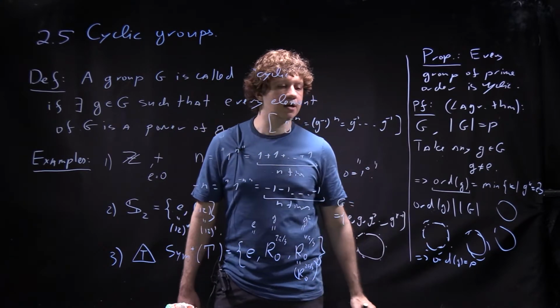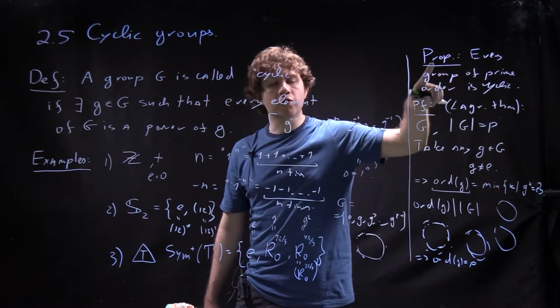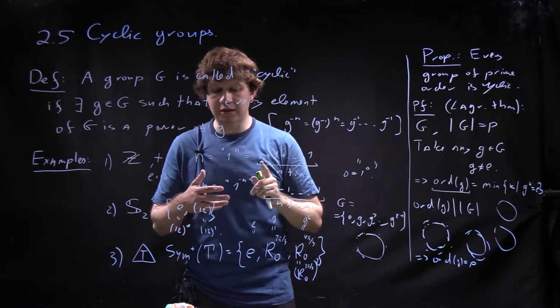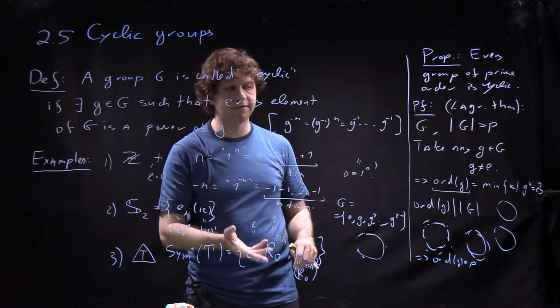And of course it means every element is a power of g. So if a group is of prime order, it's cyclic, so group of order 2 is cyclic, 3 is cyclic, 5 is cyclic, 7 is cyclic, and so on.